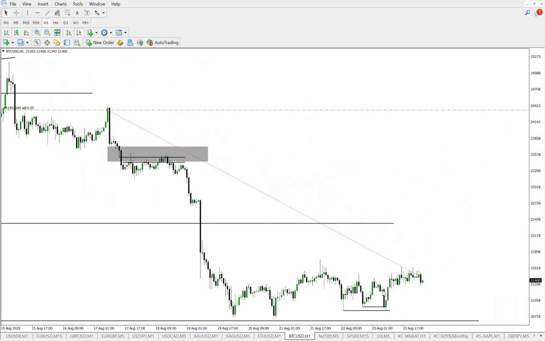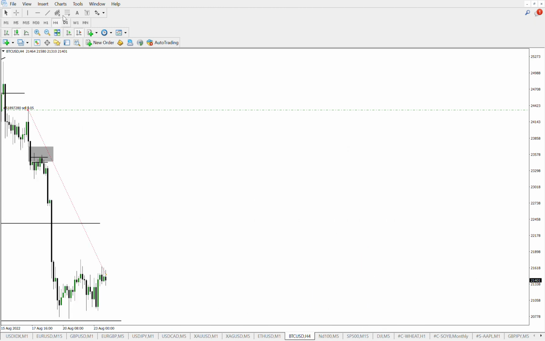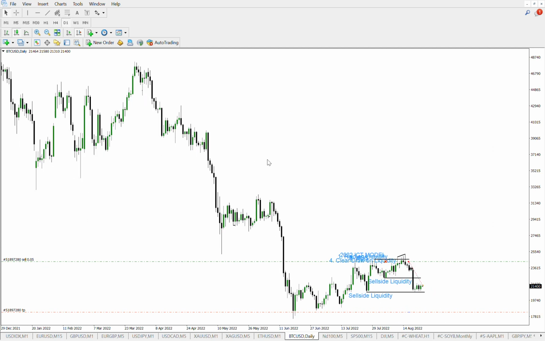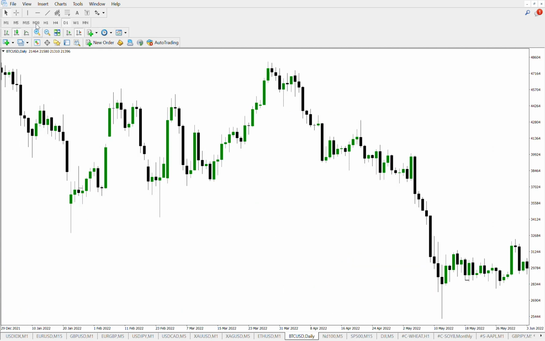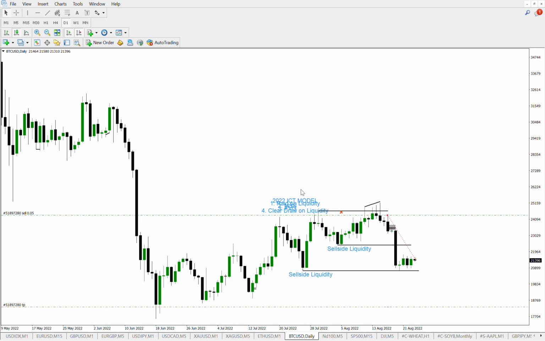This brings us to our current price in Bitcoin, and what I am potentially anticipating is I think we're going to continue to move lower. I see these equal lows down here as a draw on liquidity.